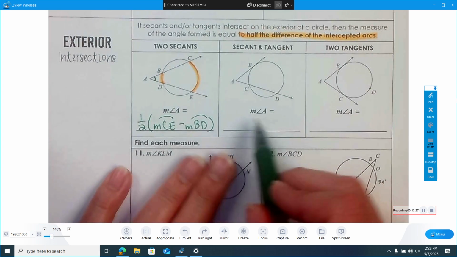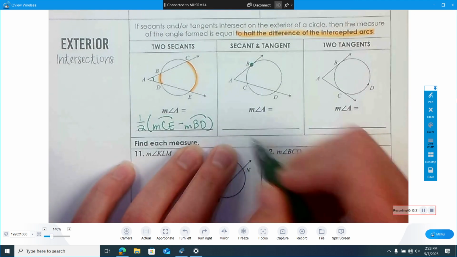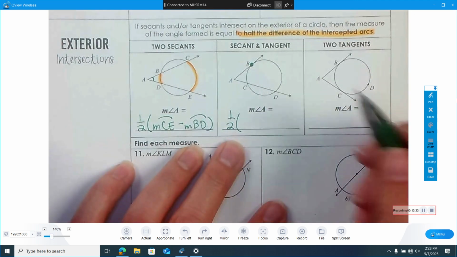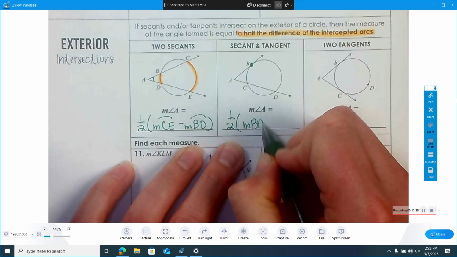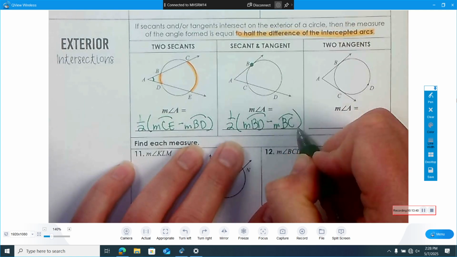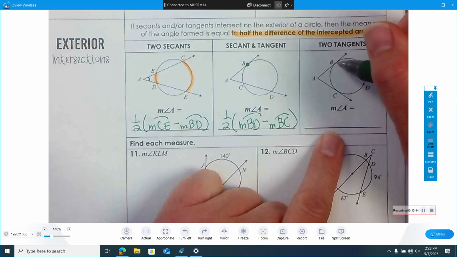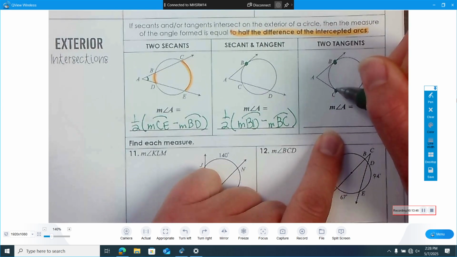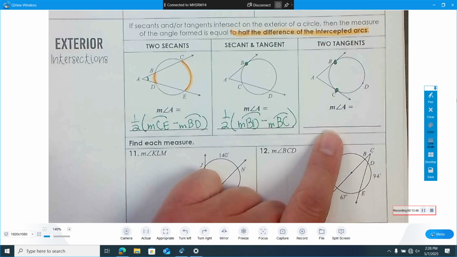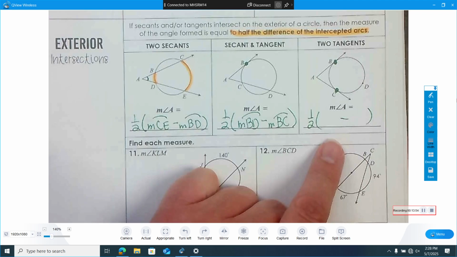What's it going to be for this second case where we have a tangent line and a secant line? 1/2 the measure of arc BD minus the measure of arc BC. Good. And then for 2 tangents, again, the tangent means it's touching in one single place here, but the same formula applies. It's half the difference of 2 arcs.